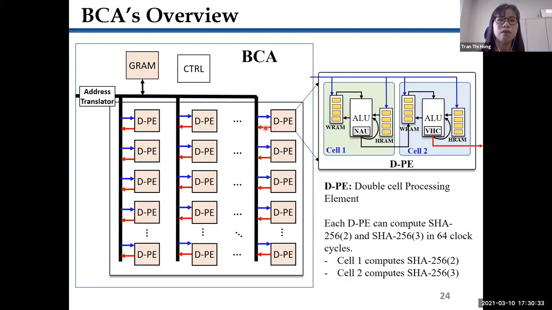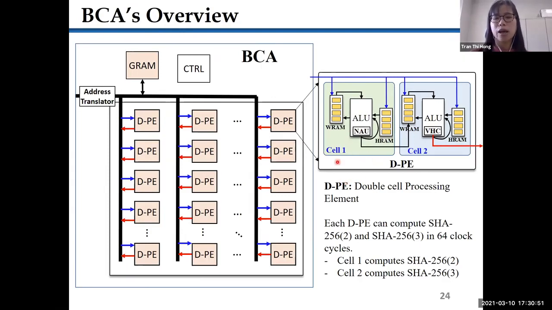And this is the overview architecture of the BCA. The main component of the BCA is an array of double cell processing elements, DPE, here. Inside each DPE there are two cells.